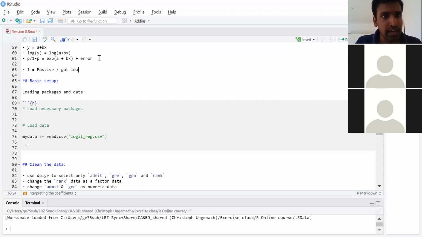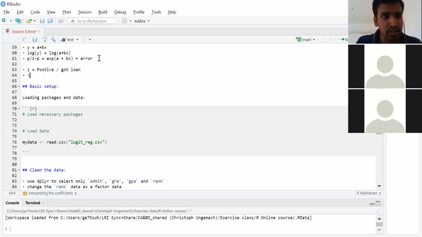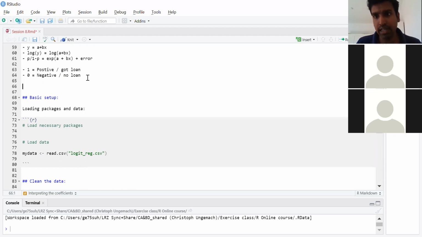If it is 0, you did not get a loan, so it's a negative outcome. Hence, we are trying to predict probabilities. We are not predicting whether it is 0 or 1, because we already got that information from the data. The data will say this guy got the loan and this guy did not get the loan. But we are predicting probabilities of the outcome.